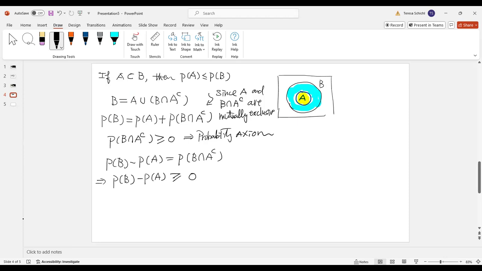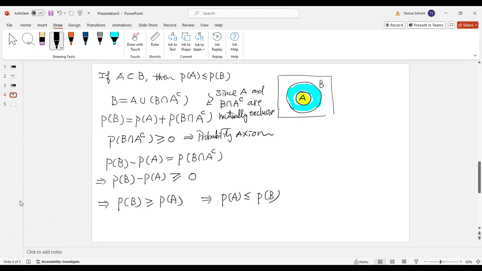That's how we prove it: P(B) is greater than or equal to P(A), or you can write P(A) is less than or equal to P(B).